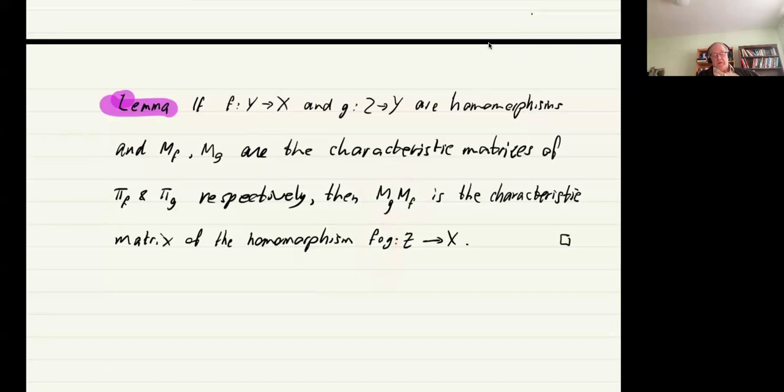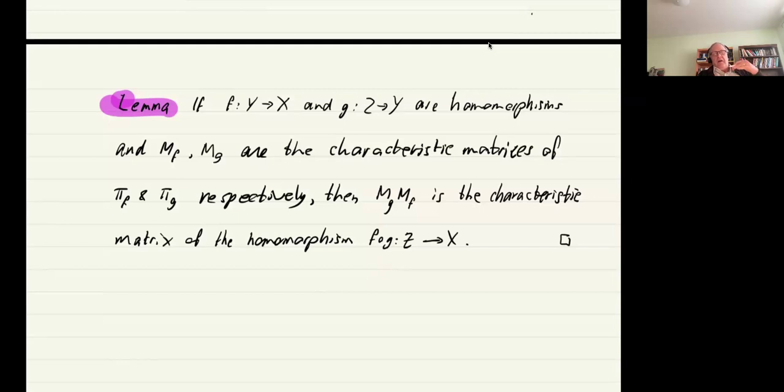Now you notice that the order changes, assuming I got this right. It's the sort of thing I get wrong three times out of four. So the point is that the products of these characteristic matrices correspond to the composition of homomorphisms.